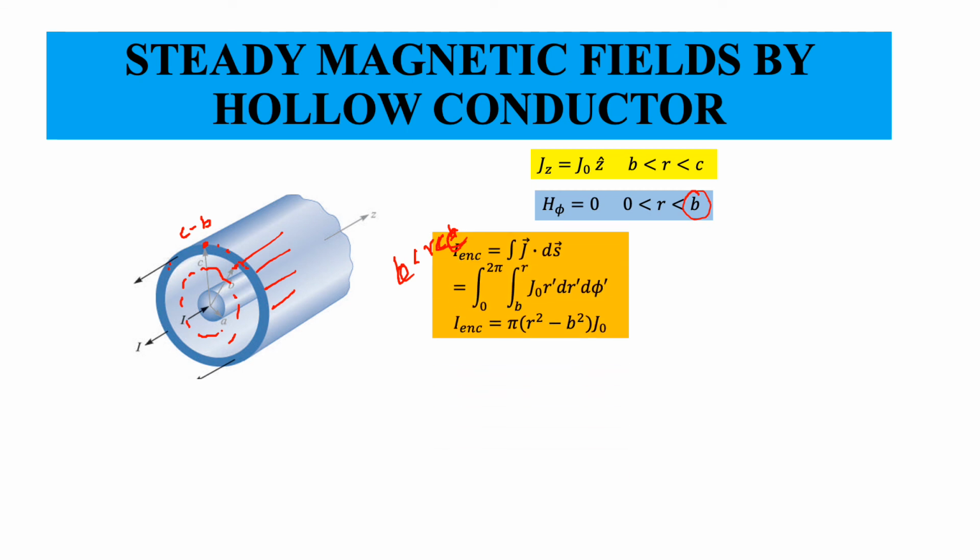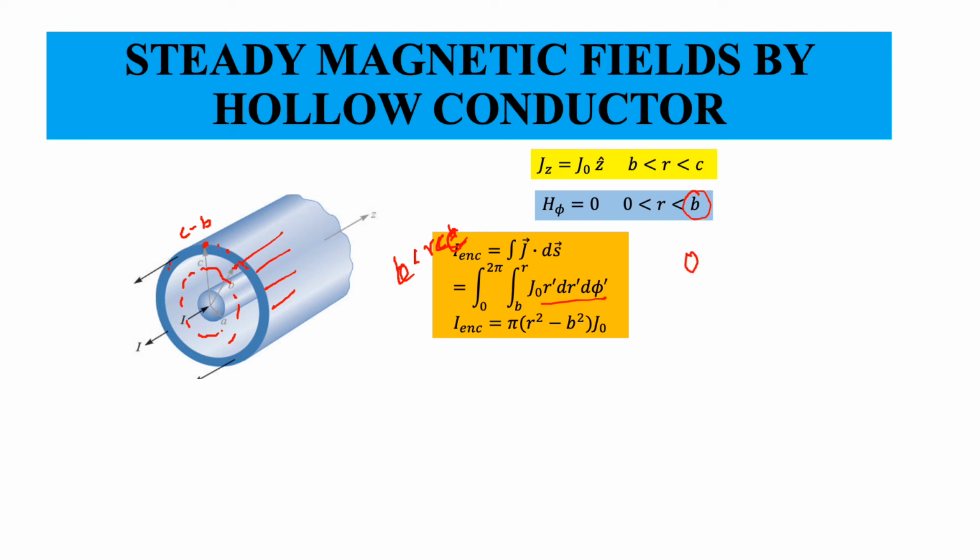To find the current enclosed, we need to find the integration of J. The surface area that you are going to consider will again be r prime dr d phi as the surface element. Over that surface, J is constant and given by J naught, and the appropriate integration limits are 0 to 2 pi and b to r. Why b to r?